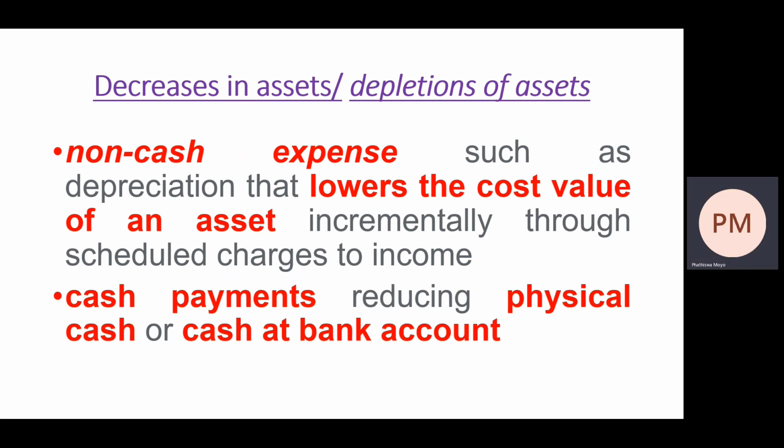So decrease in assets. Let's expand on that one. Decrease in assets or depletions in assets. So this talks to non-cash expenses. Guys, I must remind you, expenses are not cash only. There's a cash component to expenses, such as paying for stationery, cash at Pick n Pay as a business, or us paying for milk for office use, cash at Pick n Pay.